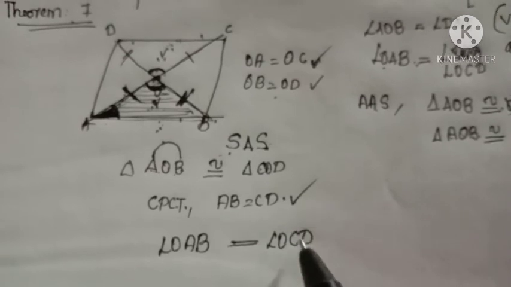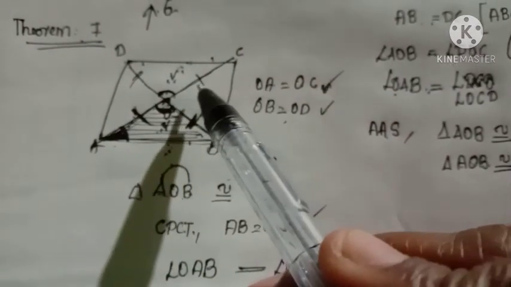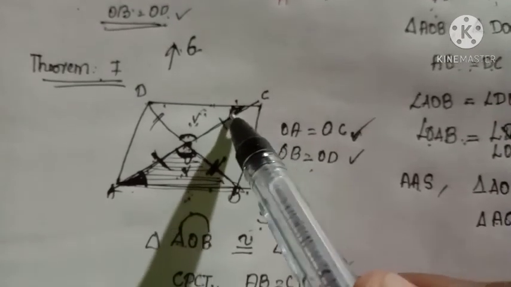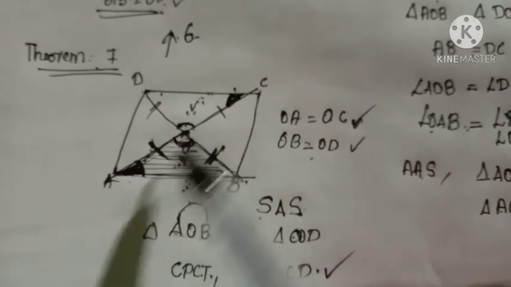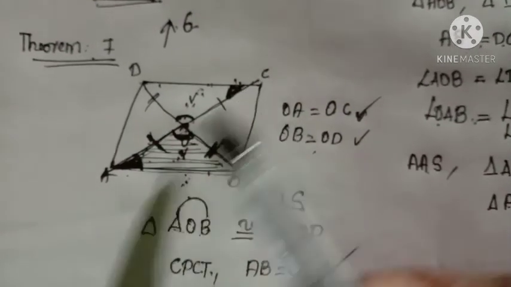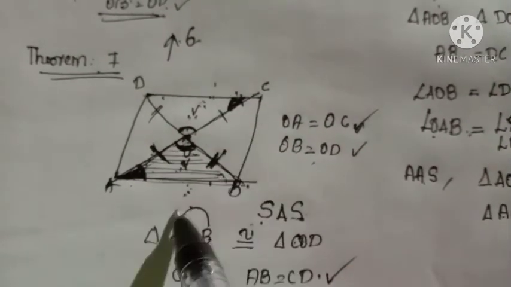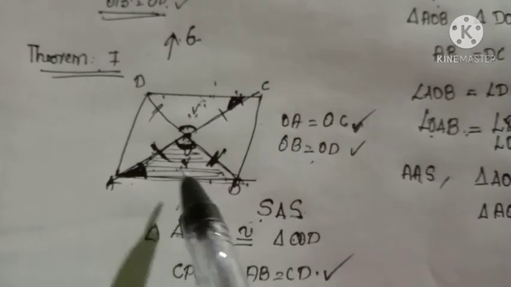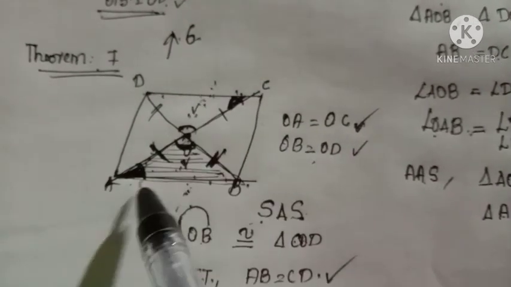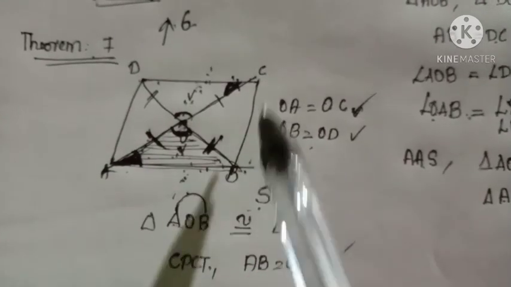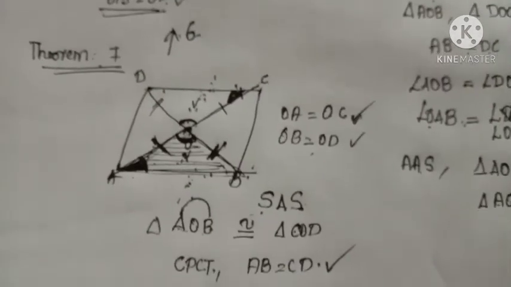Now look into the figure. What is angle OCD? This one. Now say, are they alternate? Yes. Alternate pairs of angles are equal only when these two lines are parallel. So AB equal to DC and AB is parallel to DC. Therefore, ABCD is a parallelogram.